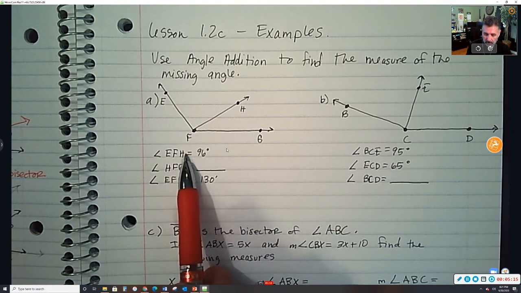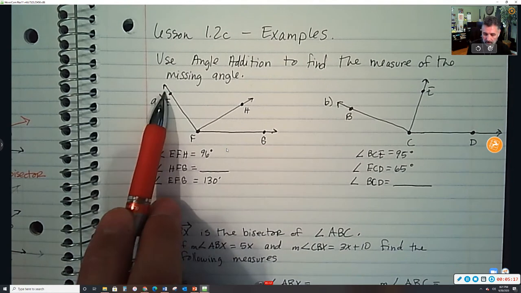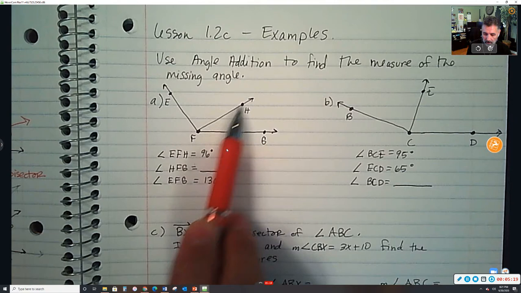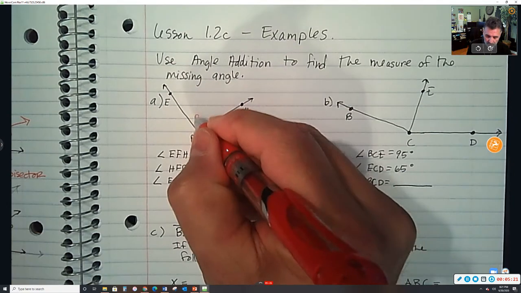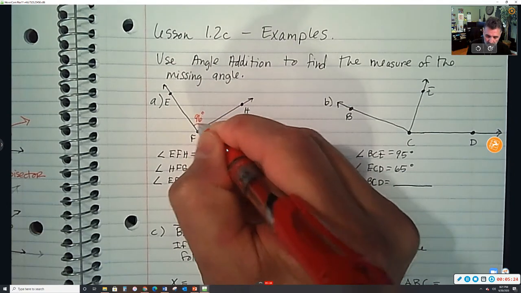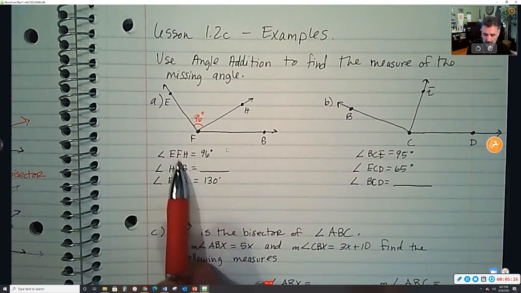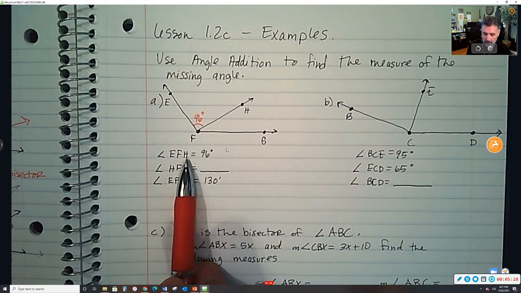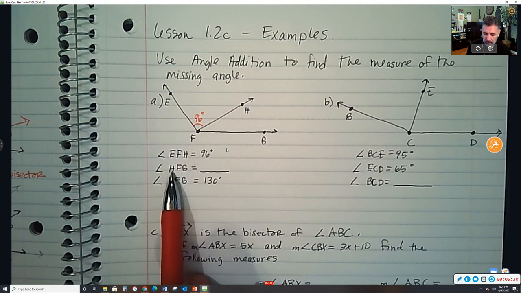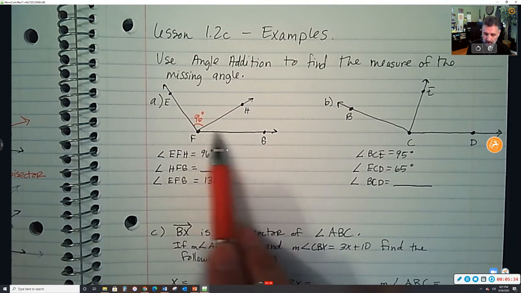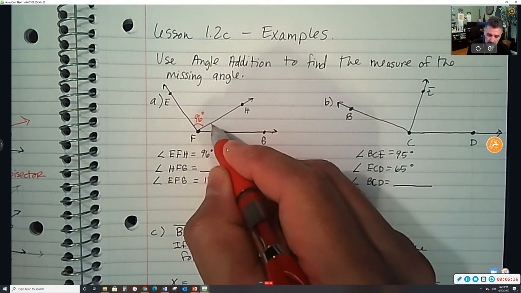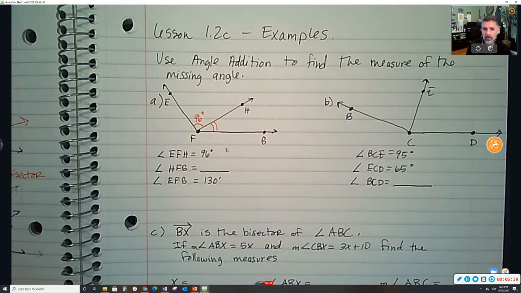So EFH, if you follow the letters again, see here's E, F, and H. So I know this inside angle is EFH, right? And then it says HFG. HFG is this other angle, and that's actually the one we're looking for.